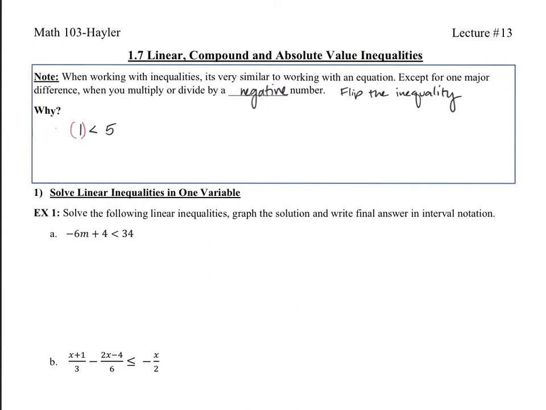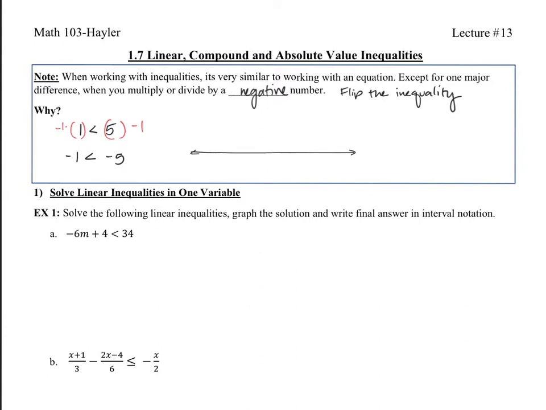Let's multiply both sides by negative 1. If I don't flip the sign, which remember is wrong, I'll get negative 1 is less than negative 5. Let's check a number line for that real quick.